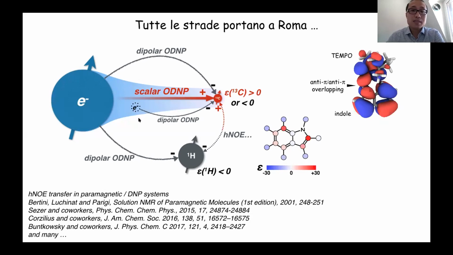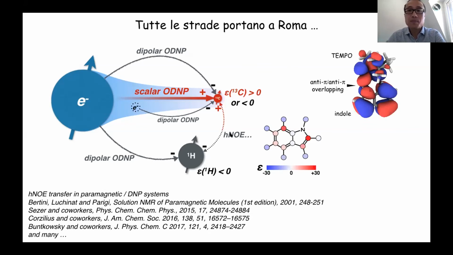So we really start to see a highly complex picture, not to mention that the negatively enhanced proton and positively enhanced carbon could even still crosstalk with each other through the intramolecular heteronuclear NOE process. And at the moment, thanks to the dual channel setup we recently established in the lab, we are actively investigating also this pathway.